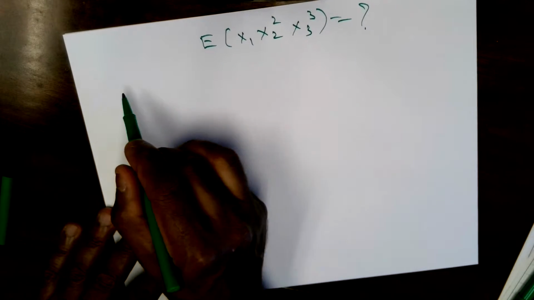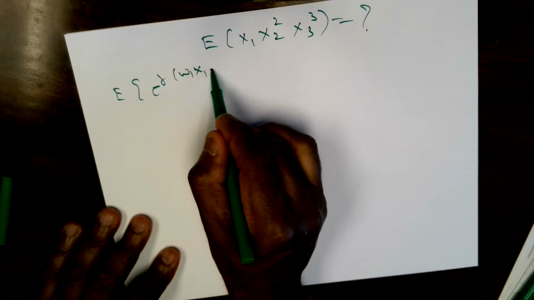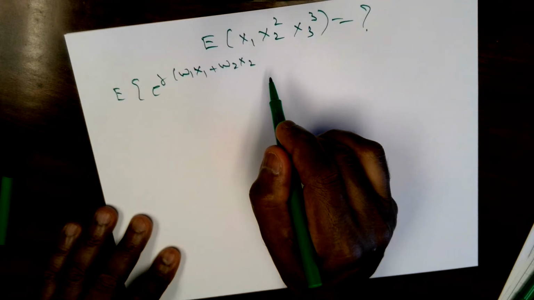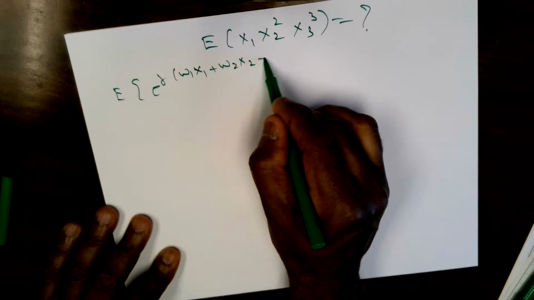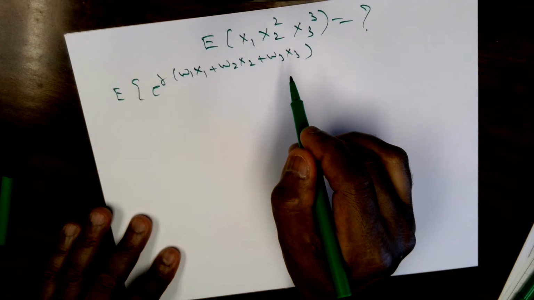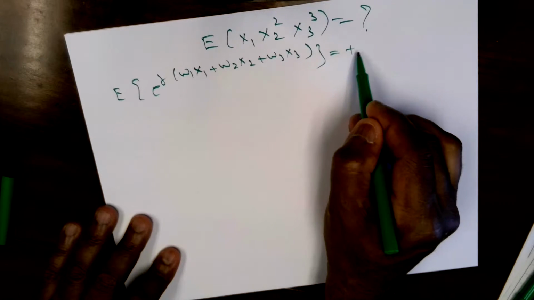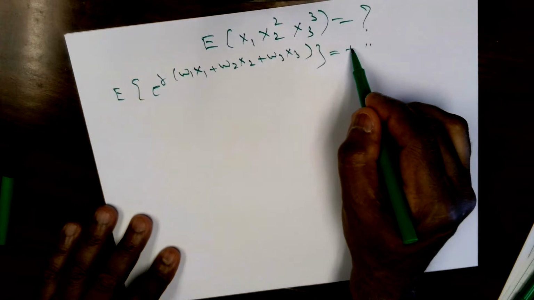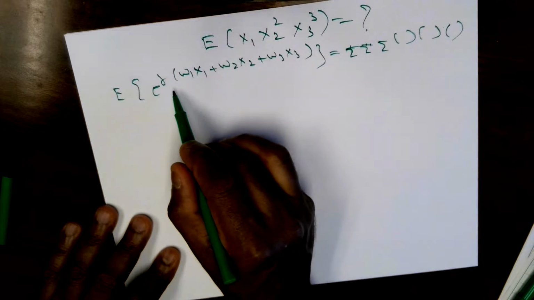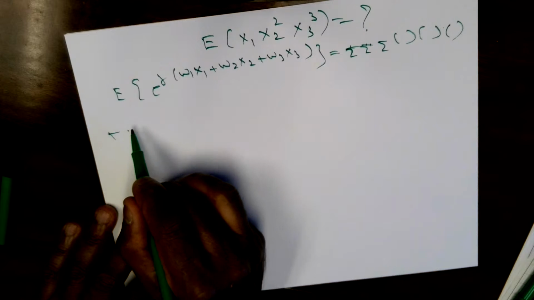So we should be taking e to the power j times omega 1 x1 plus omega 2 x2 plus omega 3 x3, and if you expand this as a product of 3 terms, each of these multiplied and expanded, we look for the term we want.